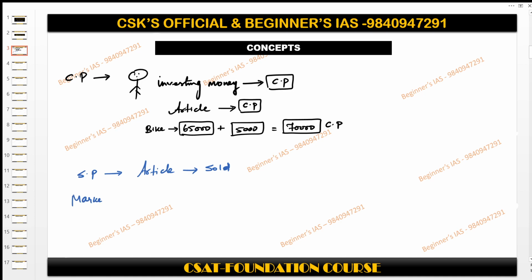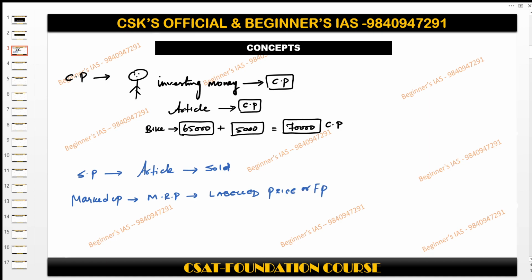Marked up price is nothing but, you can say this is your MRP. You can say this is a labeled price. You can say this is the first price.